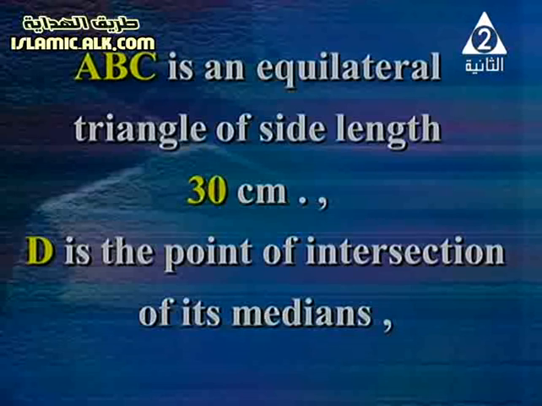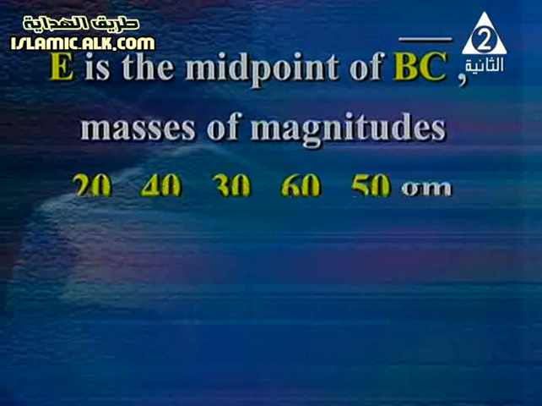The center of a triangle is the point of intersection of medians. D is the point of intersection of the medians, at a distance 2 to 1 from the vertex and 1 to 2 from the base. Why? Because D is the center of gravity of equilateral triangle ABC. E is the midpoint of BC.